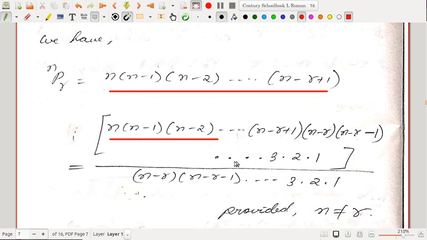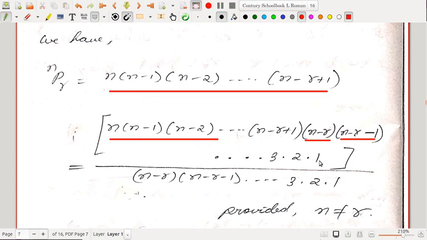After n minus r plus 1, if you subtract 1 again you will get n minus r. After that, subtract 1 again and you will get n minus r minus 1. If you keep on doing this process, ultimately you will end up with 1, because n is a positive integer.